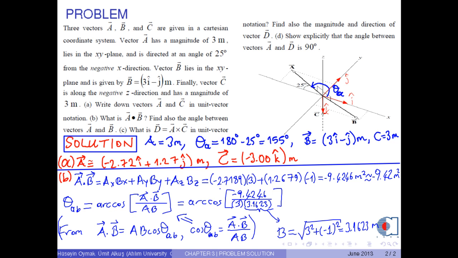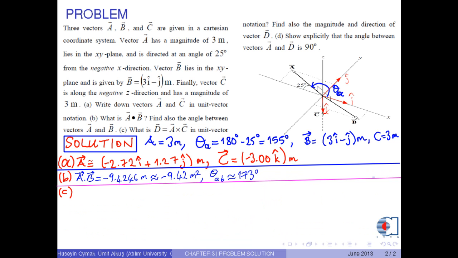As a result, the angle between vectors A and B is found to be approximately 173 degrees. Okay, that's all about part B. Let's solve part C.